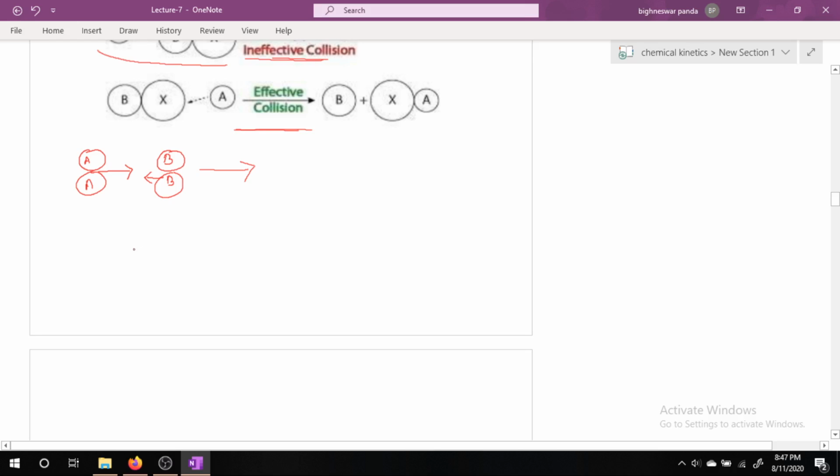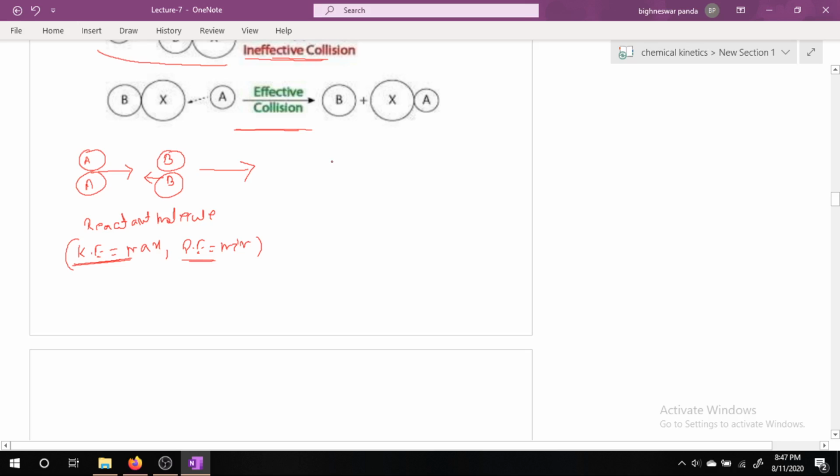During this collision, this is the reactant molecule, and they have kinetic energy maximum and potential energy minimum, since they undergo collision.